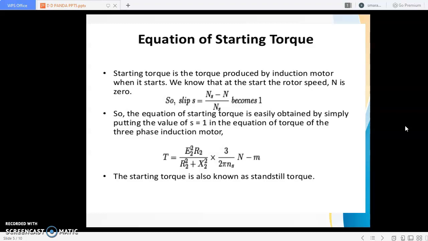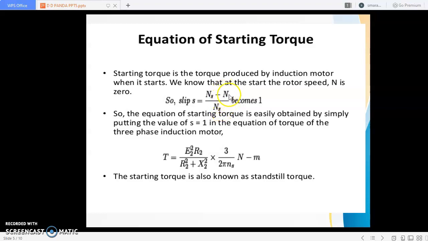Starting torque is the torque when the motor starts, and at the start, as is clear, the rotor speed N is 0, the motor has not yet rotated at the instant of starting, so the value of slip becomes 1. We know the formula, slip S is Ns minus N by Ns.